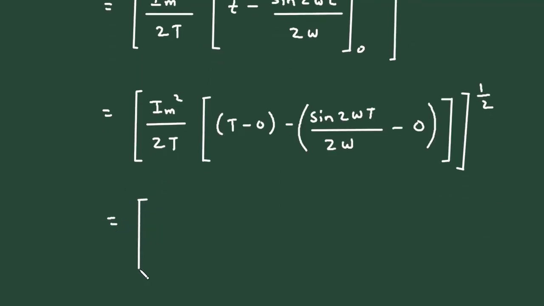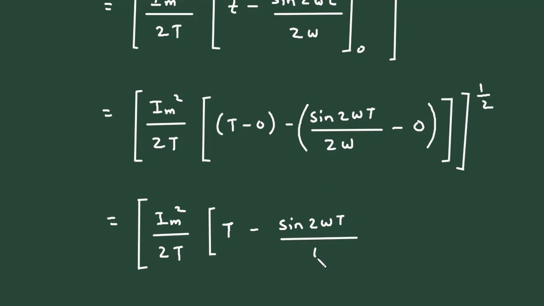So it is equal to again Im square divided by 2T. So this will be now in square bracket T, then minus sine 2 omega T divided by 2 omega, to the power 1 by 2.